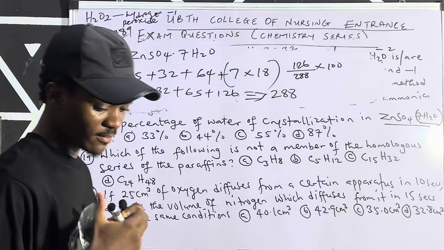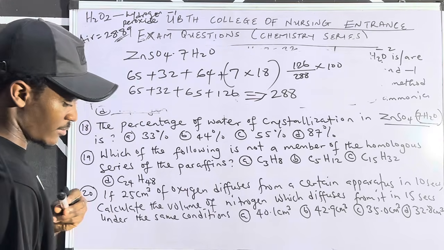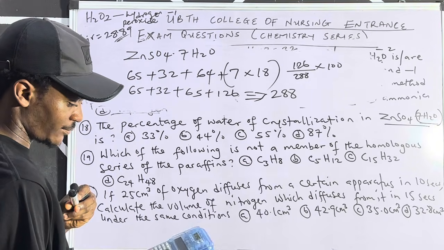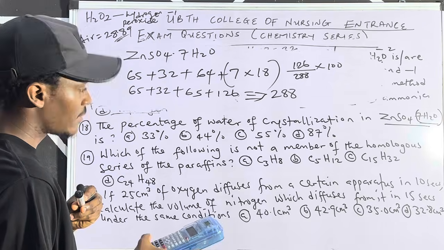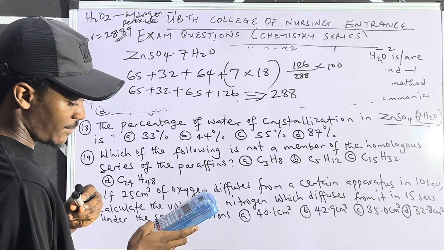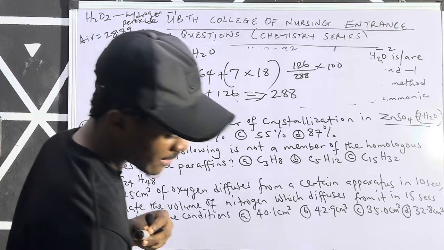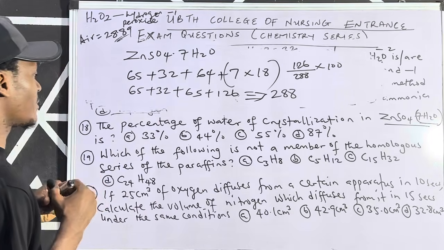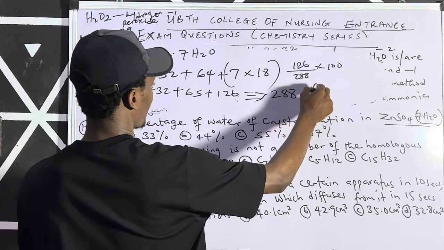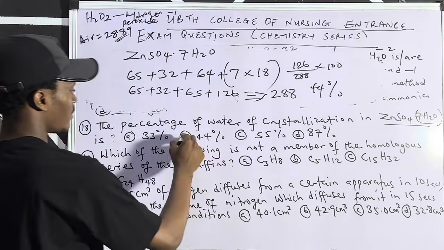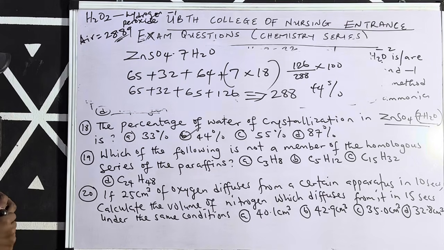So let's get the answer to that question. 12600 divided by 288. It gave 43.7, approximately 44. Approximately 44%. So the correct option is option B.